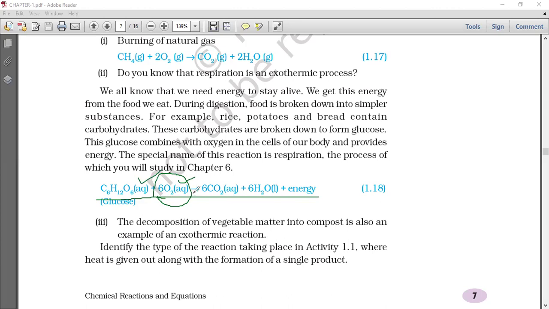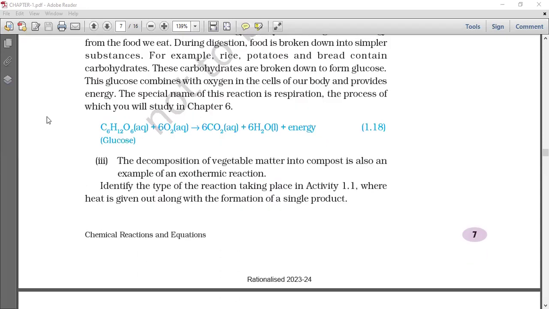Then what are you going to release outside? Carbon dioxide and water plus energy. So this is also an exothermic process.